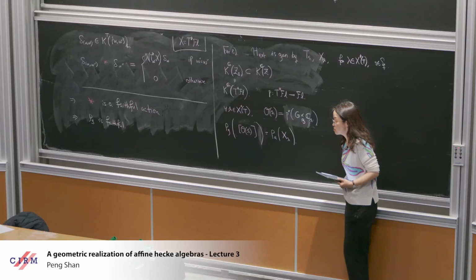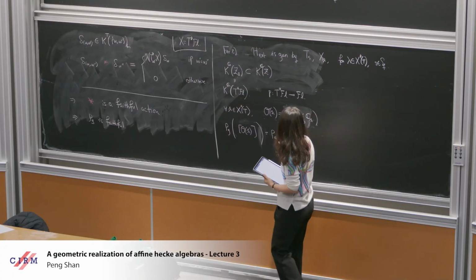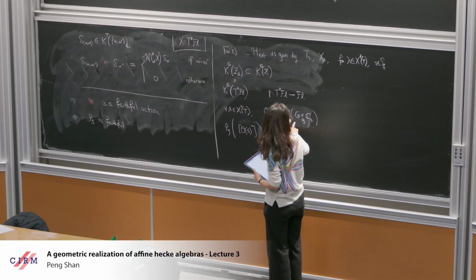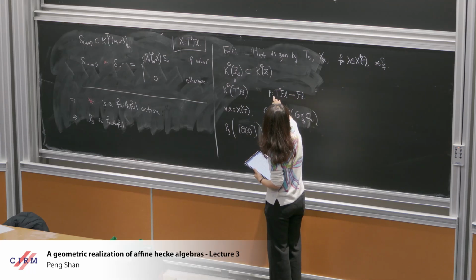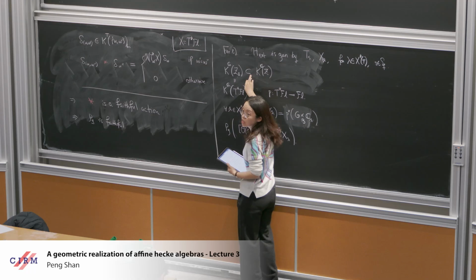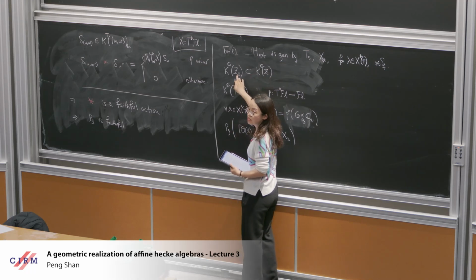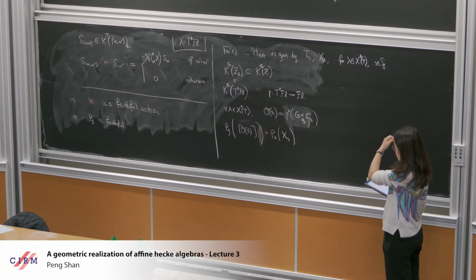Okay. Why is this an inclusion? Because this is the closed orbit. This is the identity element. This is the closed orbit. Yeah, that's a good point. Thanks.